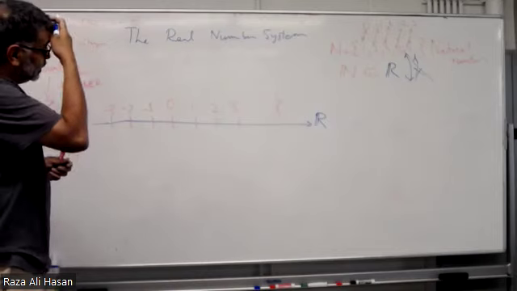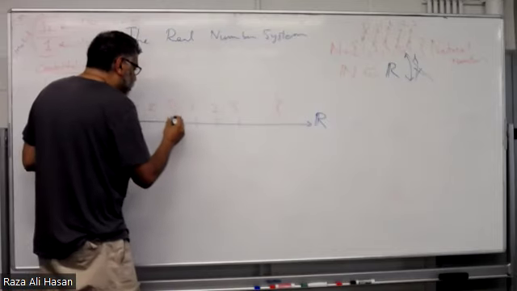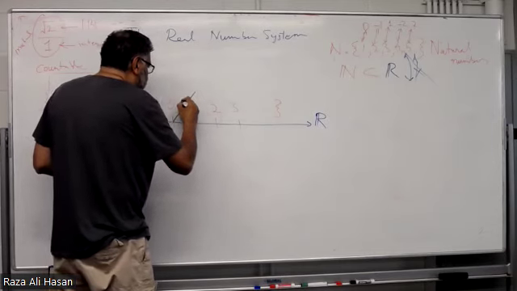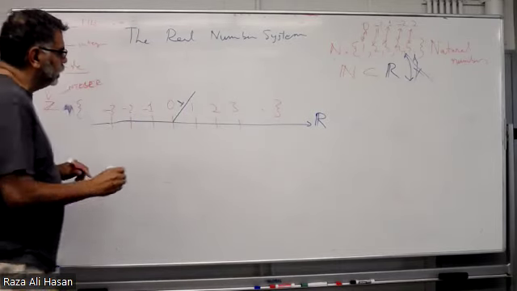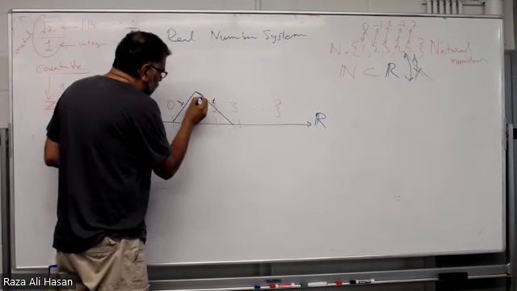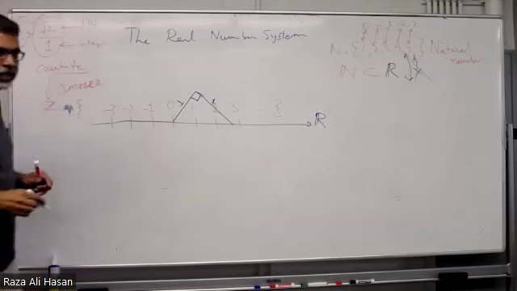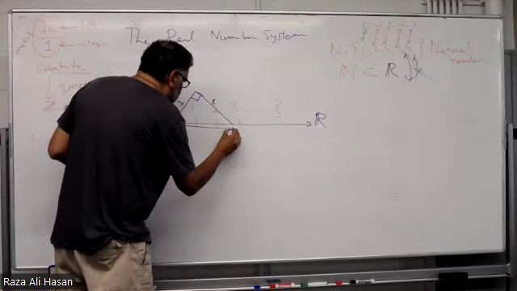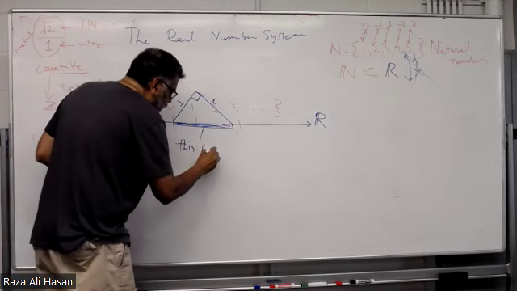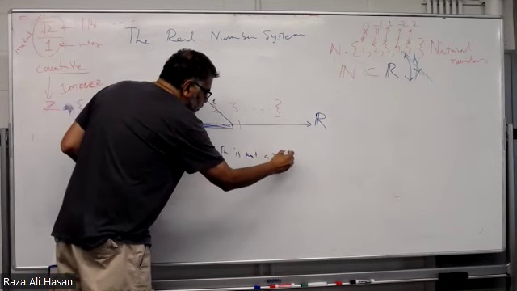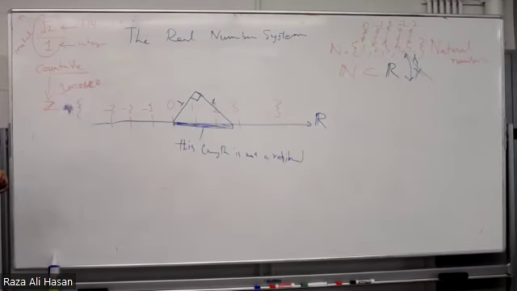So for instance, if you put a stick of unit length 1, and then you put another stick of unit length 1 here with the angle of 90 degrees between them, this length here is not a rational number because of the Pythagorean theorem.